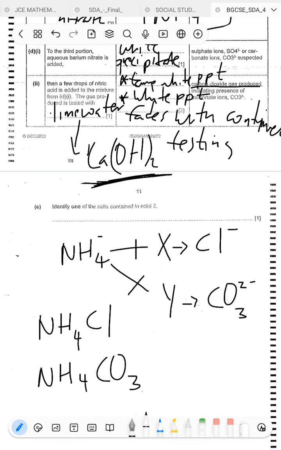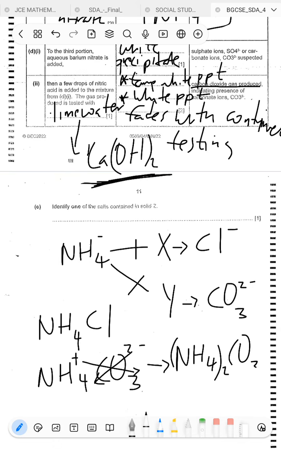Now the 2 minus you put to the other side, and the plus to the other side. Therefore, this is going to be NH4 2 CO3, ammonium carbonate. So you can write either of these as the answer.